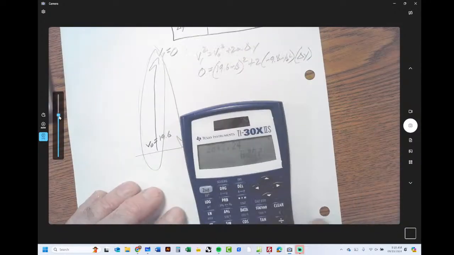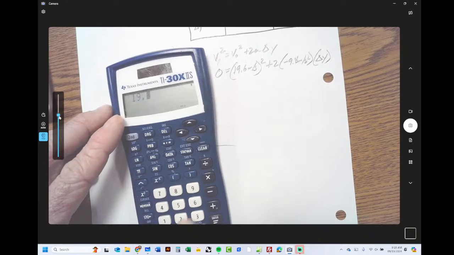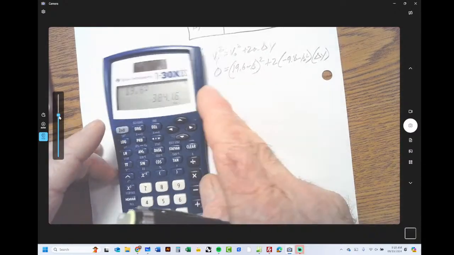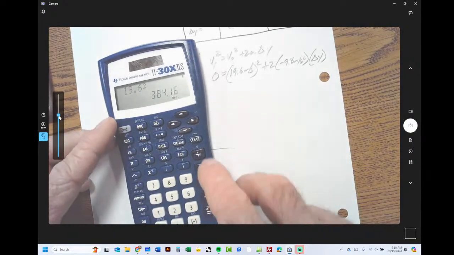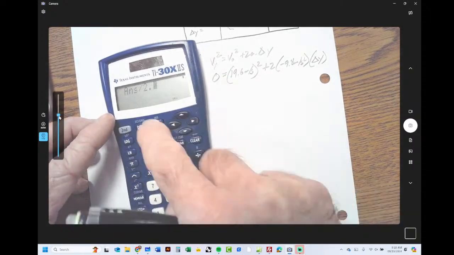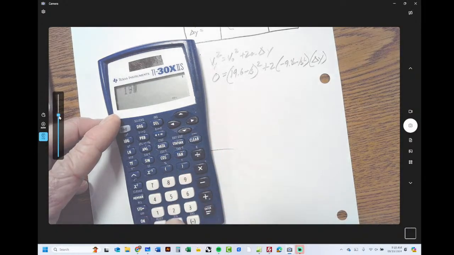So I just need to square 19.6. Okay. And then divide it by 2 and divide it by 9.8. Oh, goodness. I think I did something horribly wrong. I should do this on my phone.